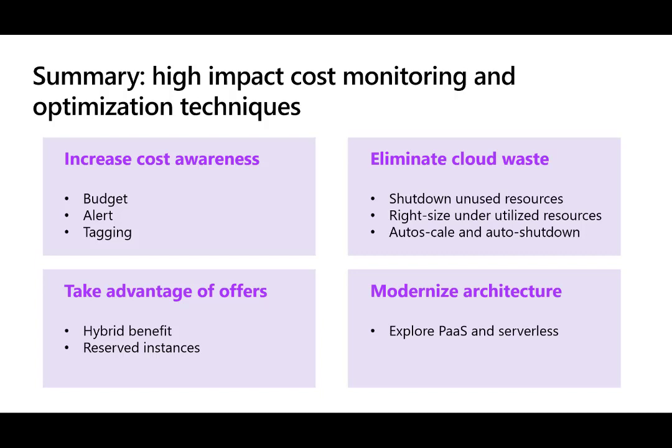And another message is to always have the long-term goal to do modernization of your architecture, because when you move from IaaS to a PaaS and serverless model, you are getting less responsibility to maintain the infrastructure level and hence avoid the costs associated with that maintenance.